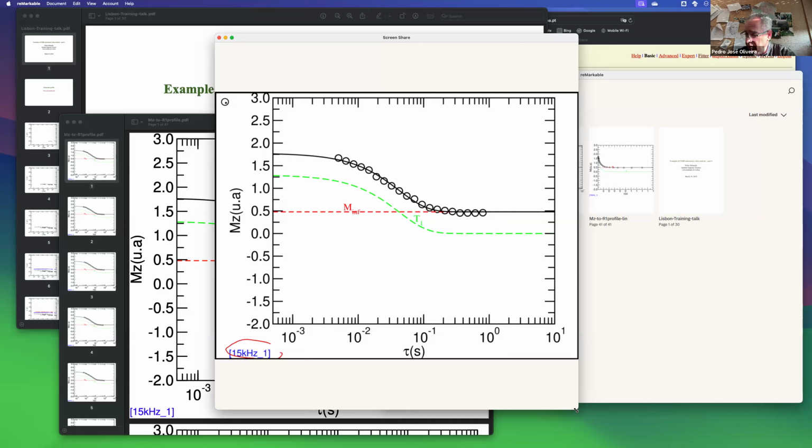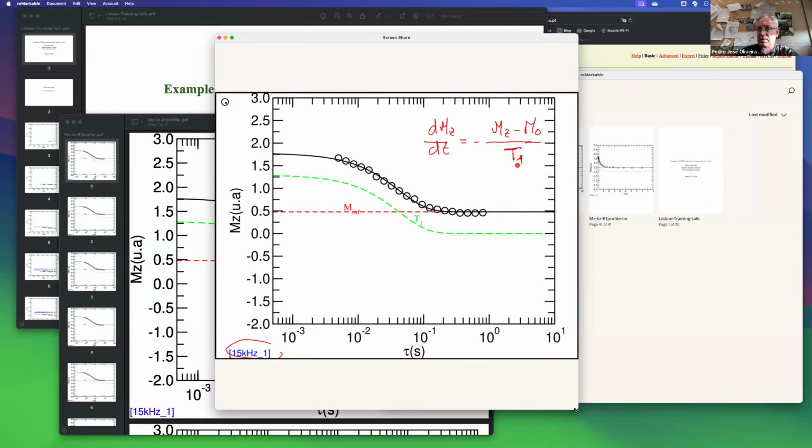Just to remember from yesterday, I suppose you got this. We really have to deal at some point with some mathematics. In this case, there is a relaxation equation, a differential equation that tells us how our Z component of the magnetization evolves over time.